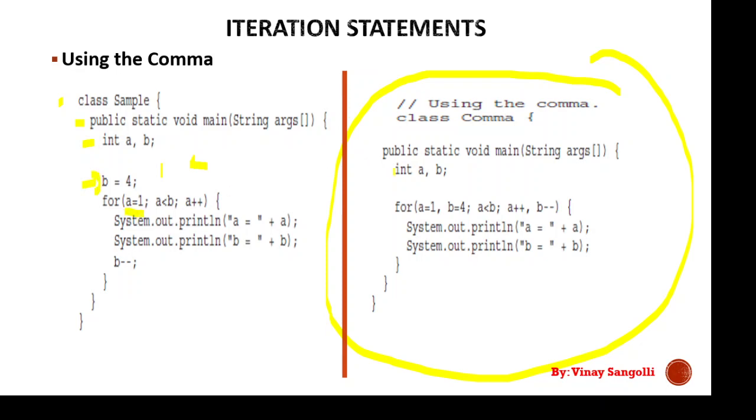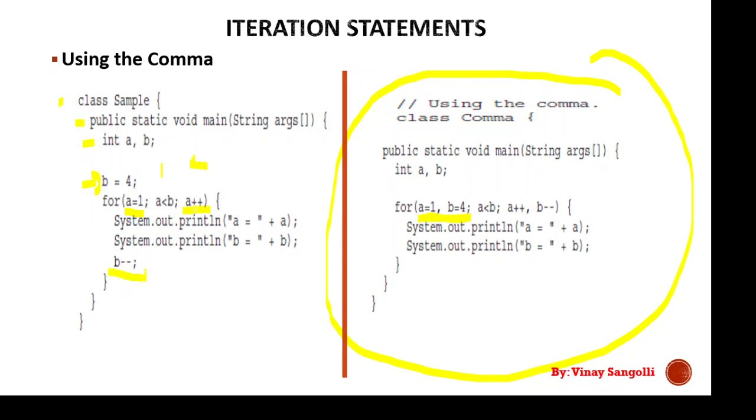Now on this side, the RHS, you can observe both the initializations have been done inside the for loop itself. How are they done? Using the comma. You can observe here in between there is a comma. This is the first change. The next change is, as we discussed just now, that there are two iteration variables.